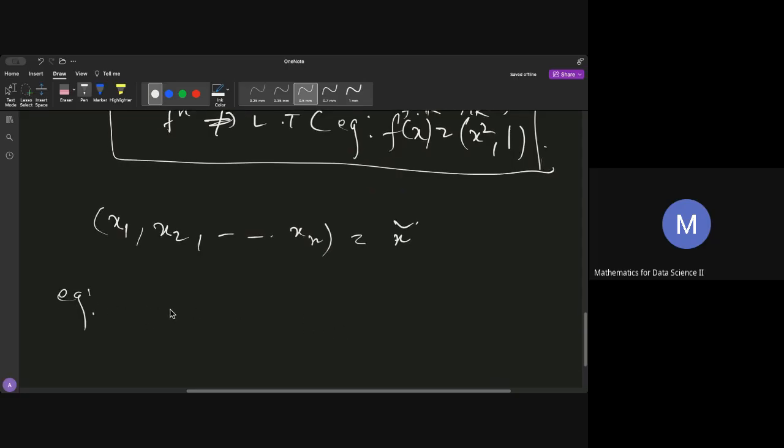A linear function would be f(x plus y), and 2x plus 3y. These are all scalar functions, so we are doing examples of scalar ones.